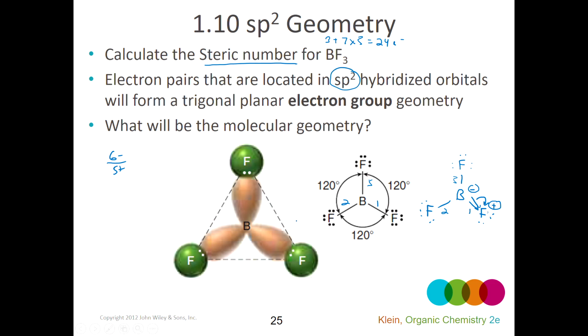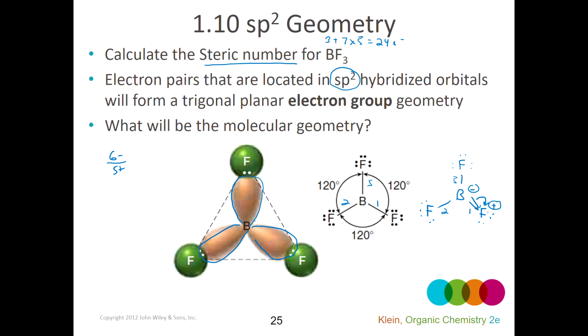And so what are the 3-dimensional shapes of sp2 hybridized atoms? They're planar. The 3 sp2 orbitals that are here on the bond overlap with the fluorine are all in the same plane. You can imagine those flat in the plane of the screen. There'd still be an unhybridized p orbital. I only mixed in 2 out of 3 p orbitals from the second energy level into making these sp2 orbitals.